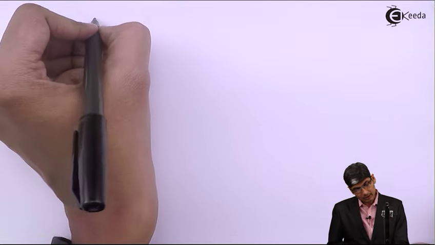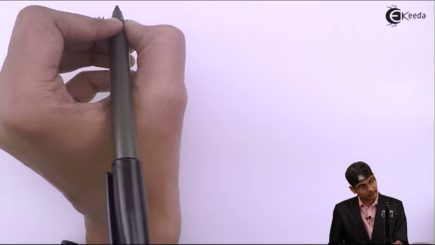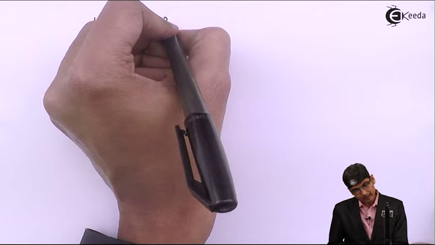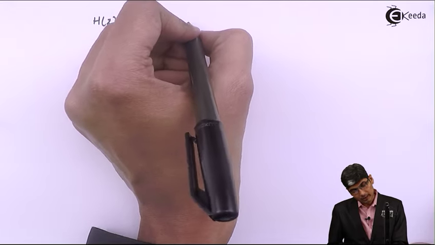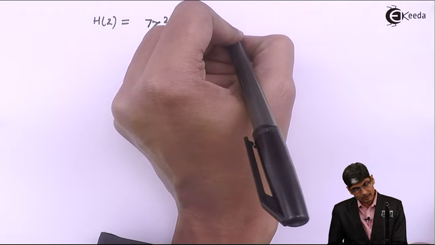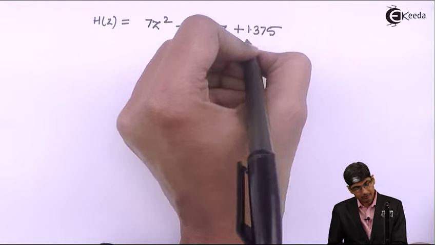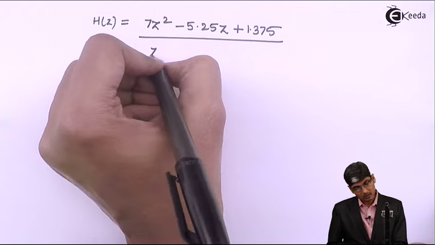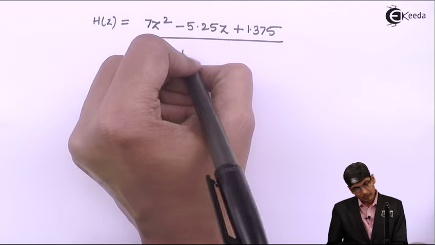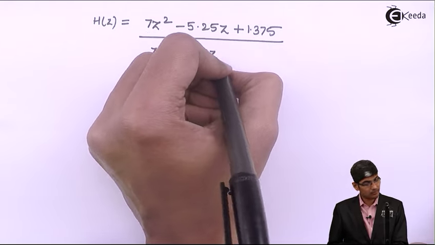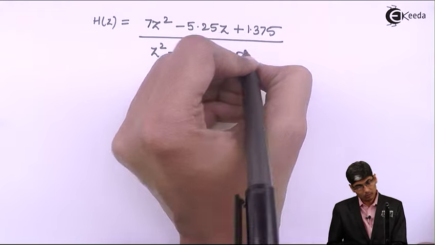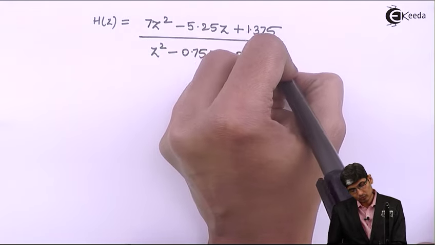Now still it is not in the proper order, because now I am getting (7z square minus 5.25z plus 1.375) divided by (z square minus 0.75z plus 0.125).